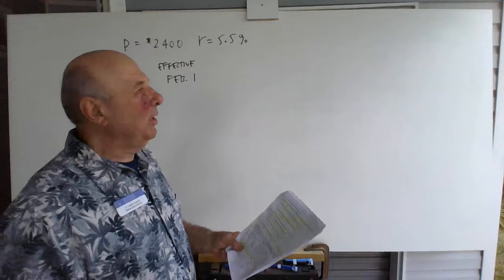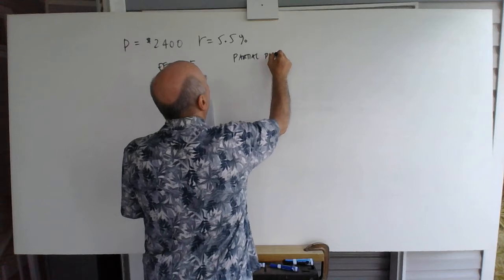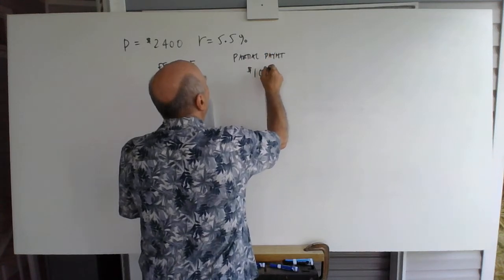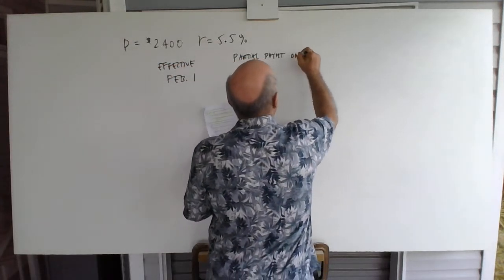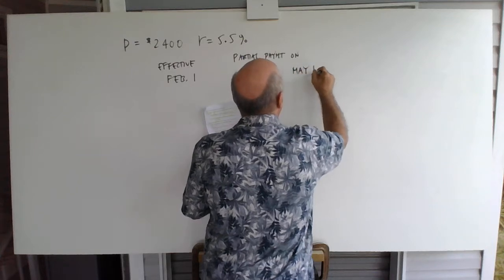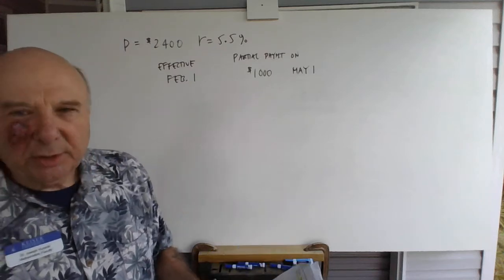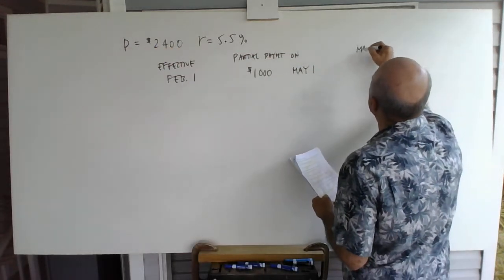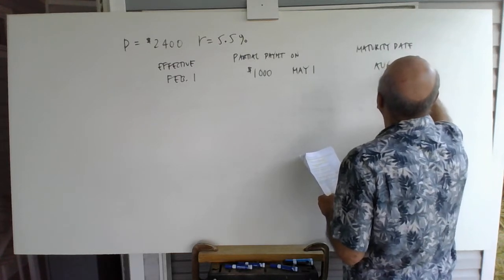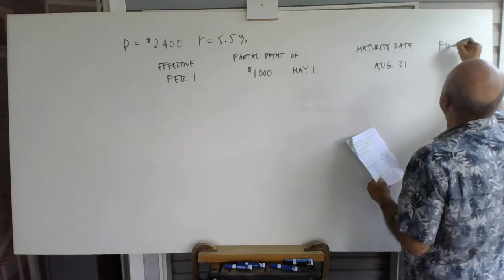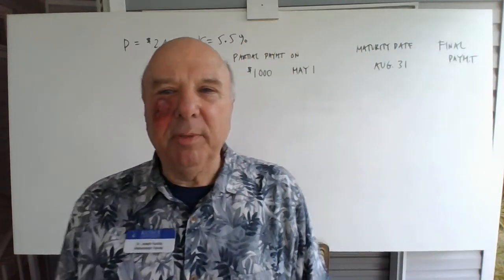There's a partial payment of $1,000, and that occurs on May 1st. The maturity date is August 31st. So we want to know the final payment. That's the big question, the final payment.